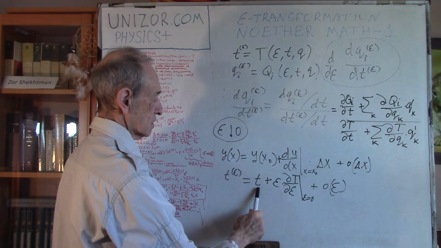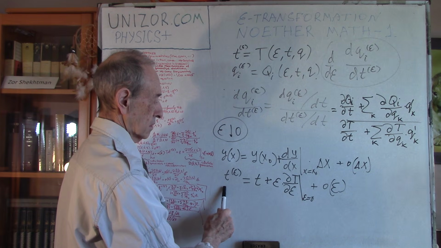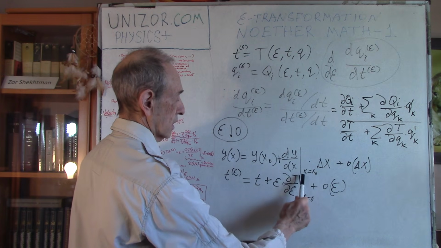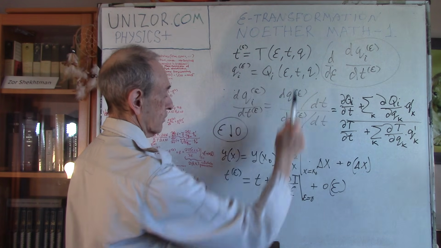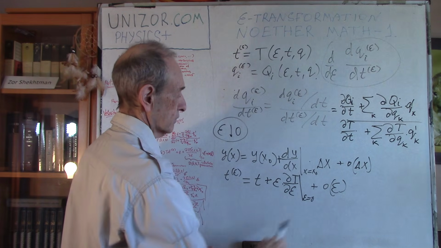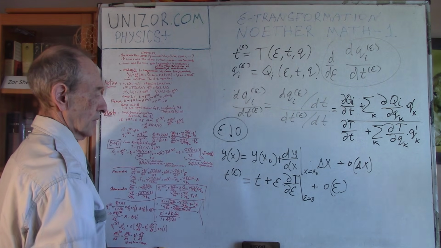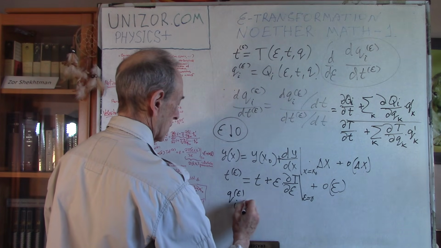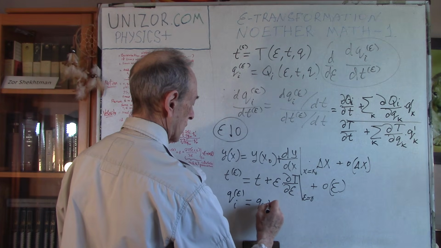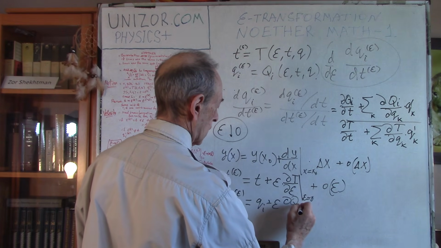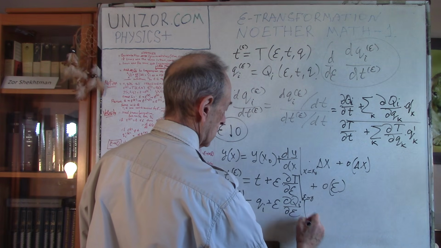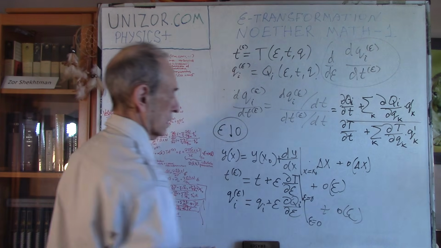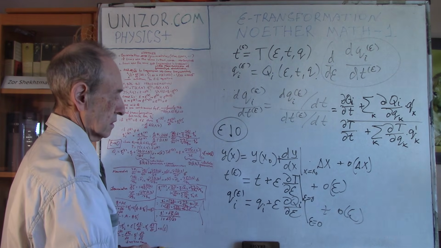As epsilon is changing, t goes to t of epsilon, and the difference between them should be proportional to epsilon times the partial derivative of this function plus an infinitesimal of a higher order than epsilon. And same thing with q_i of epsilon: it's q_i plus epsilon dq_i by d epsilon at point epsilon equal to 0 plus an infinitesimal of a higher order than epsilon.